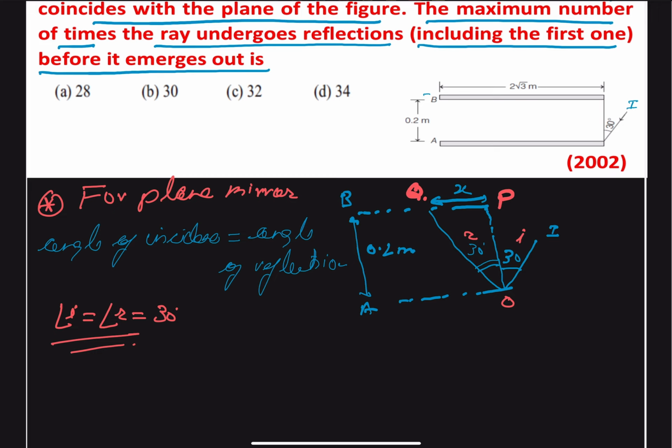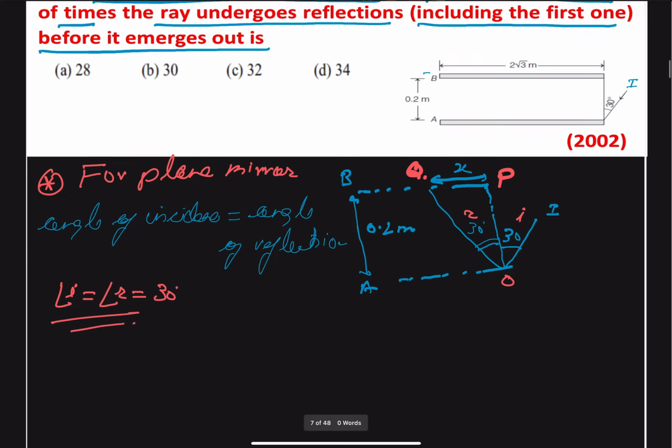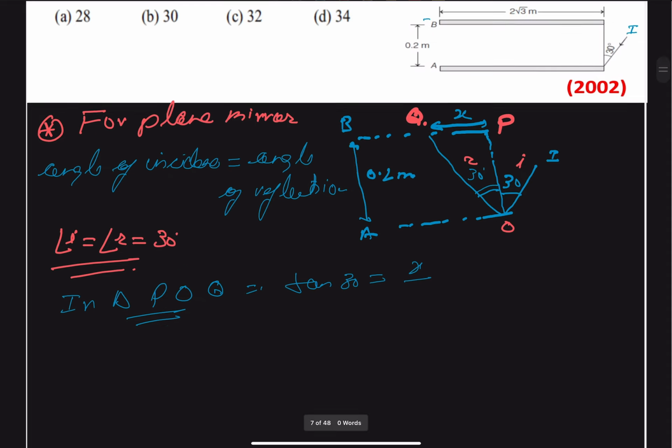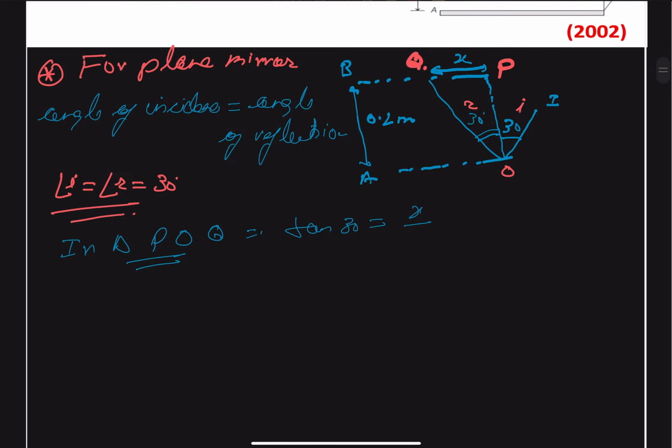So we can say in triangle POQ, we can write tangent of 30 will be equal to PQ upon PO.